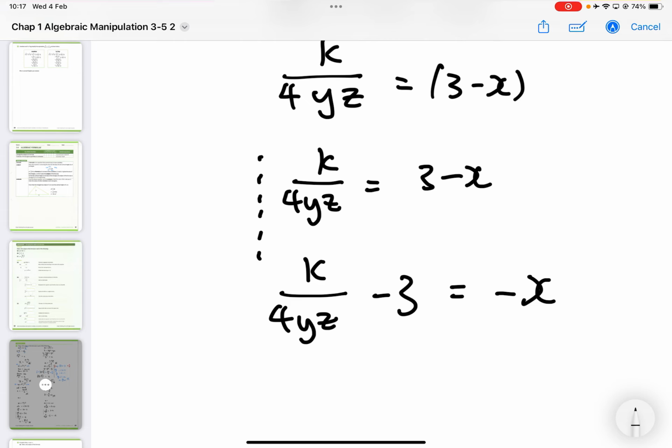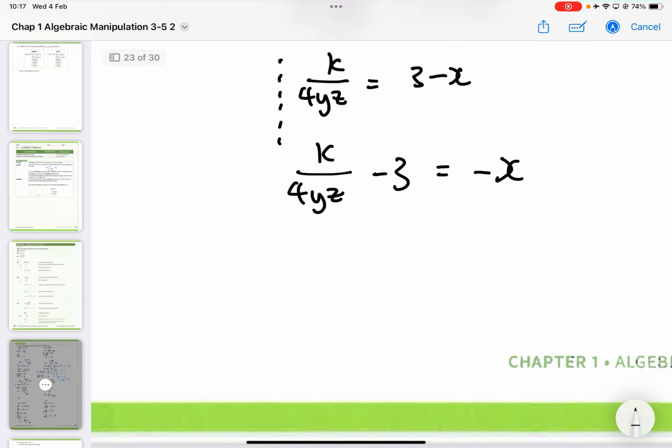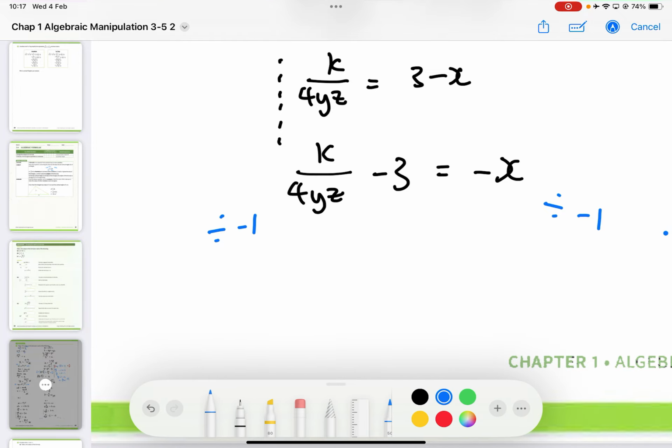Okay? Then finally, my answer must be a positive x. So I want to change the sign. Means I have to divide both sides by negative 1. Divide this side by negative 1 also, just like factorizing out a negative. So this side becomes positive.